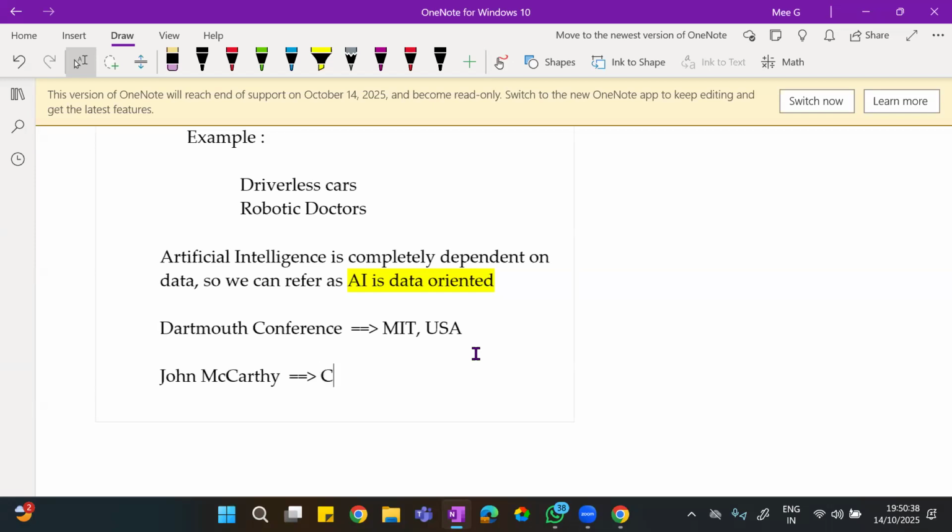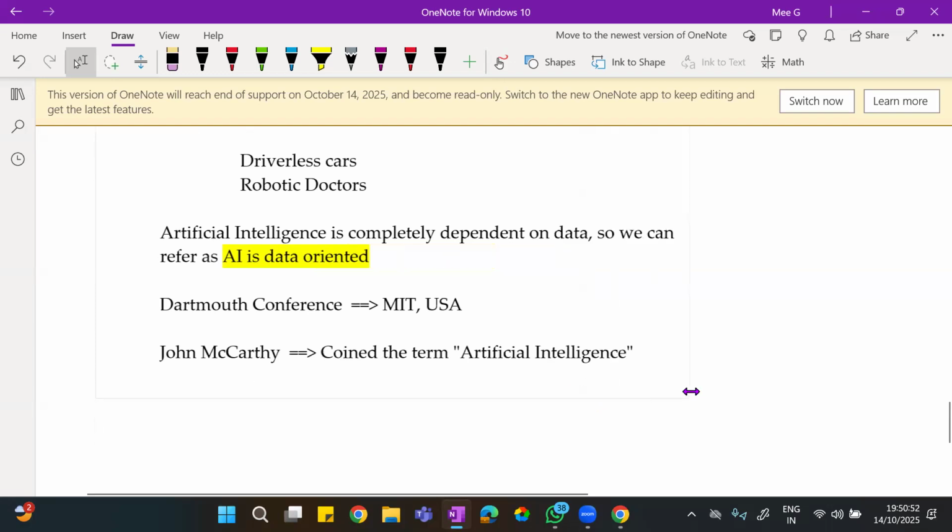So John McCarthy coined the term artificial intelligence. What do you mean by coin? It means using the term for the first time. Whenever we use a particular term for the first time, we call it coined. So this gentleman coined the term artificial intelligence.